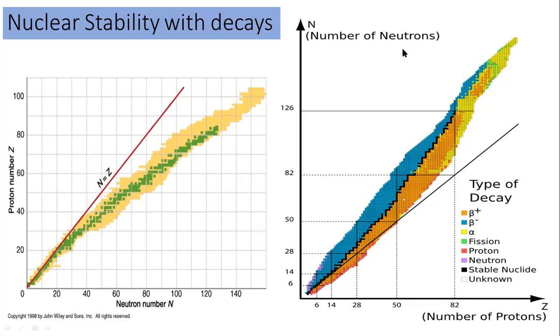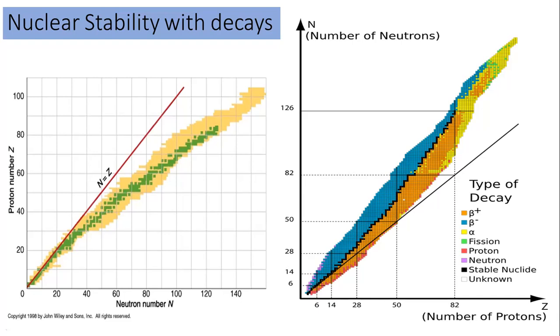That's why the number of neutrons must be greater than the number of protons. These are the stable nuclides, and the nuclides present over here in different colors, the blue, the yellow or the brown, are the unstable nuclides.